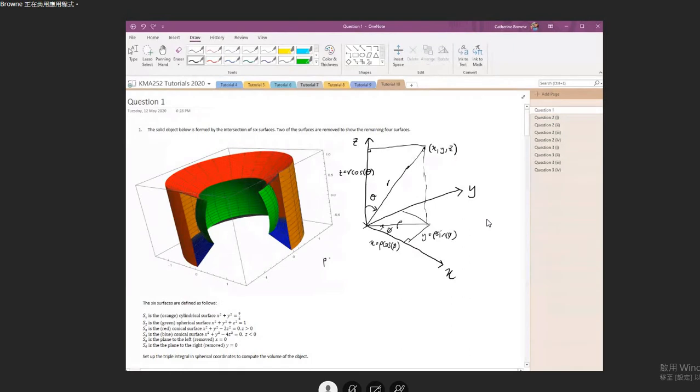In cylindrical coordinates, you've got rho squared equals x squared plus y squared, but in spherical coordinates, you've got r squared equals x squared plus y squared plus z squared. So we see that is rho squared plus z squared. I've put that there because when I'm thinking about the surfaces, it's good to have that reference.